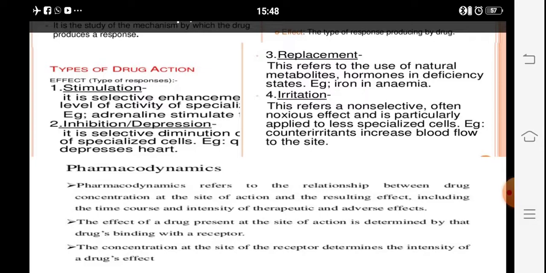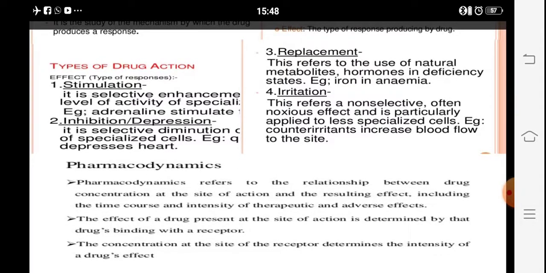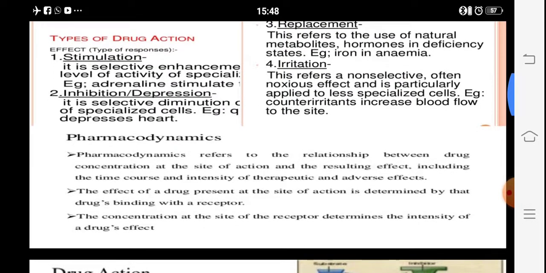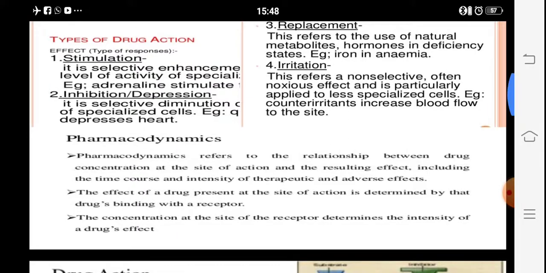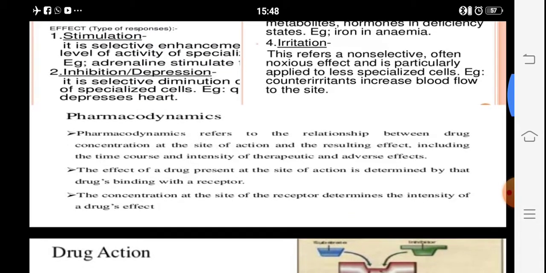For example, iron used in anemia. Then irritation, so it is often a noxious effect. For example, counter irritants are there, which cause blood flow or irritation of the skin.